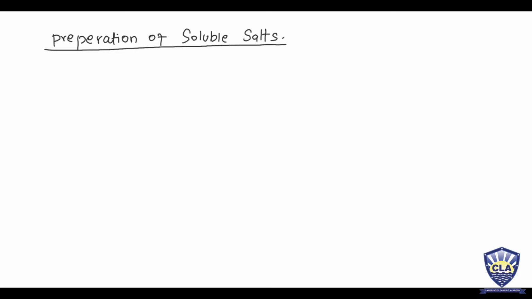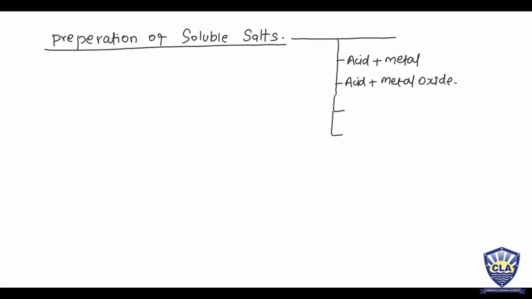I have told you, my dear, the soluble salts could be prepared by mixing the acid with 4 things. Acid could react with the metal, acid could react with the metal oxide, acid could react with the metal hydroxide, and acid could react with the metal carbonate.